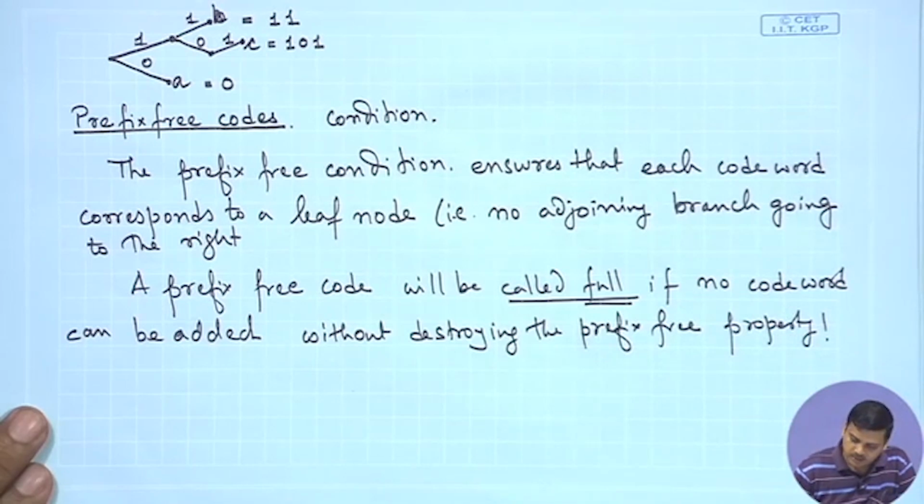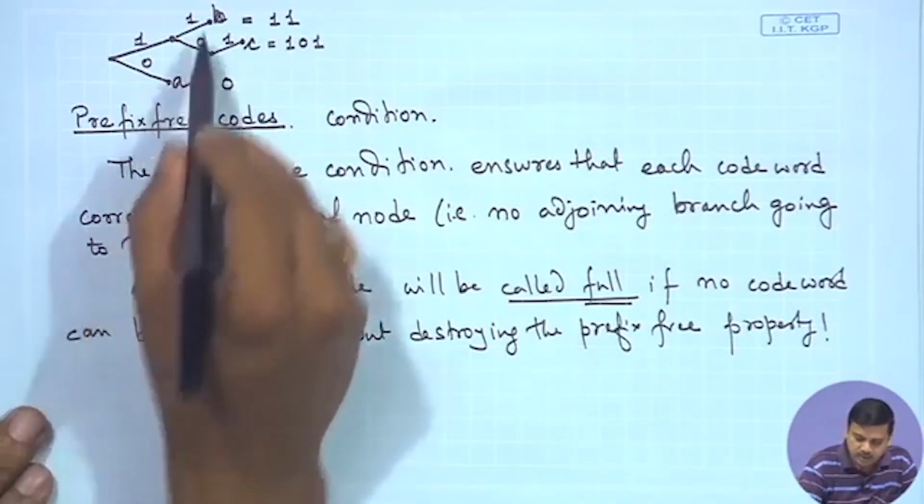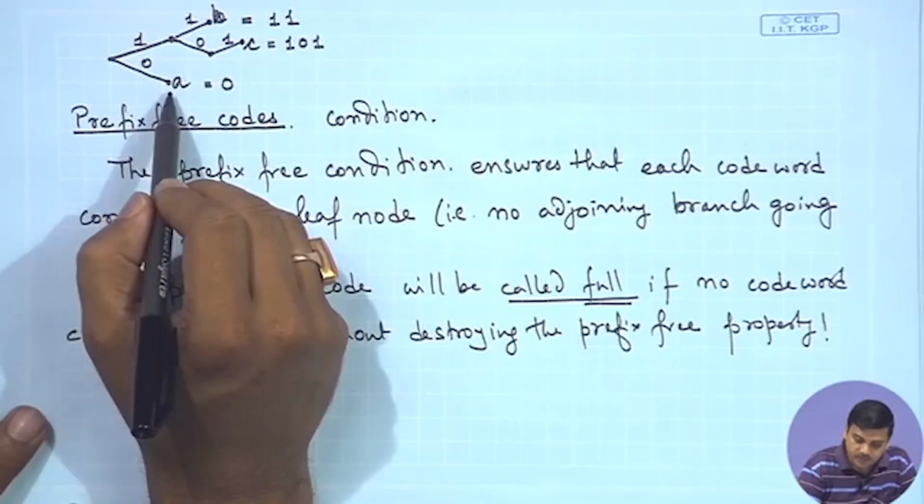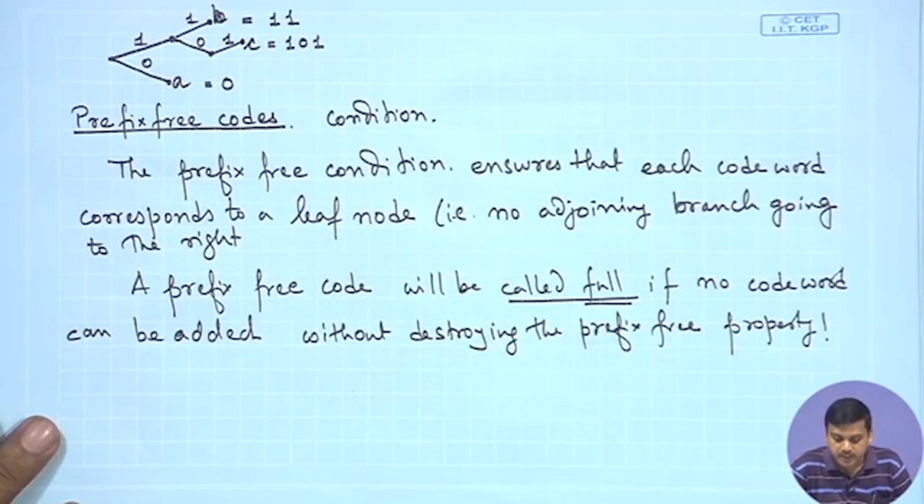So, this is one part. That means I cannot add another code word. If I can add another code word to this without destroying the prefix free property, that means this is not full.